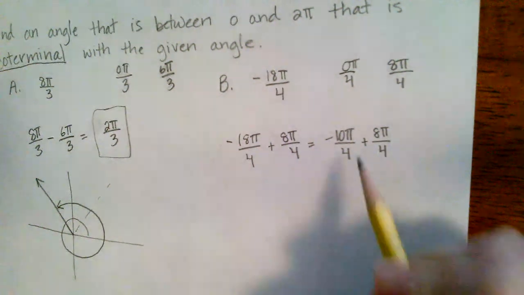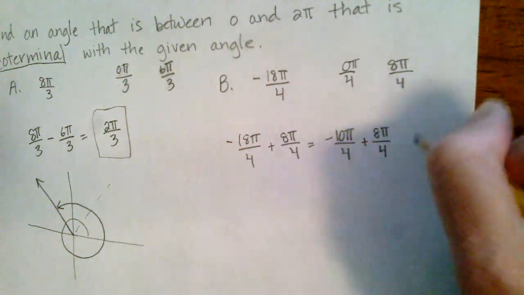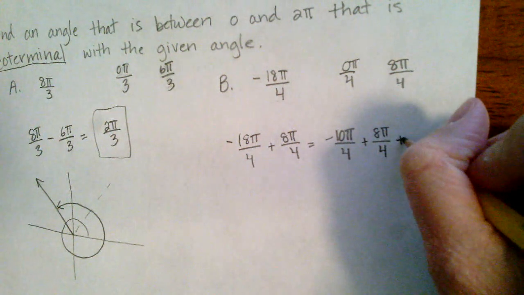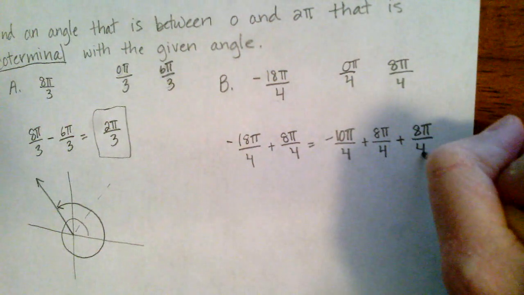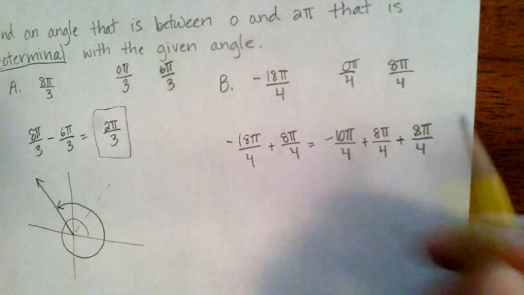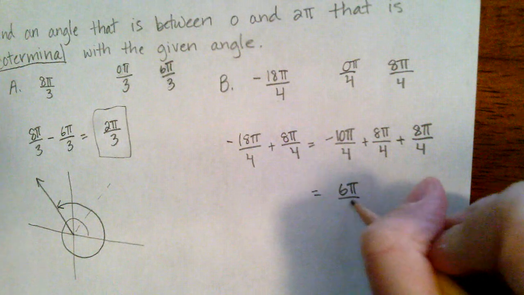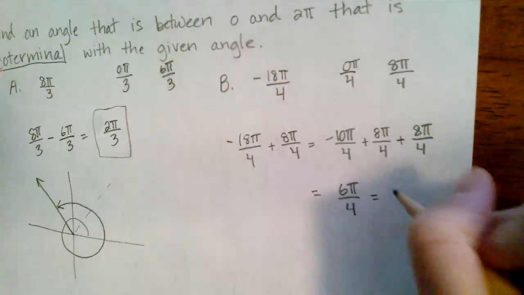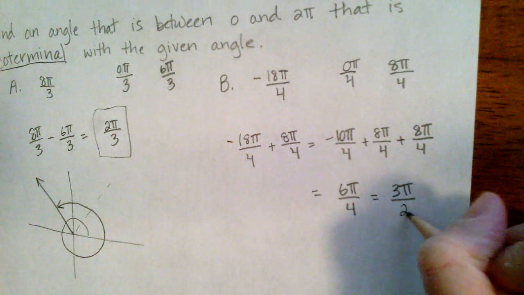Really quickly, I see that that's going to be negative 2 pi over 4, which doesn't help me. So I am going to add another 8 pi over 4. So that would be negative 2 pi plus 8 pi, which is 6 pi over 4, which would be 3 pi over 2.